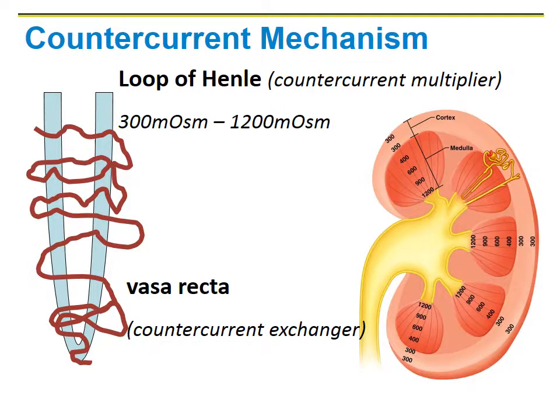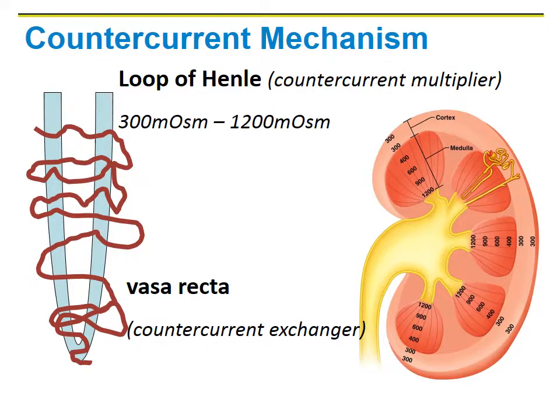With a specialized capillary bed. The vasa recta you're looking at is not normal. Normal capillaries would move blood in the same direction as the filtrate is moving in the tubule. But this is not the case here.